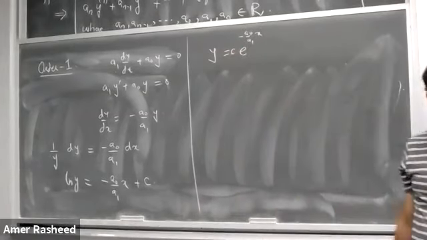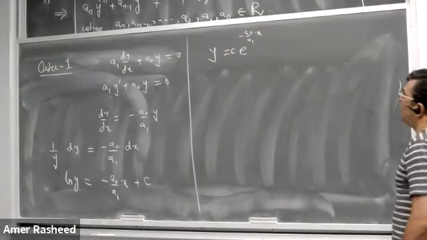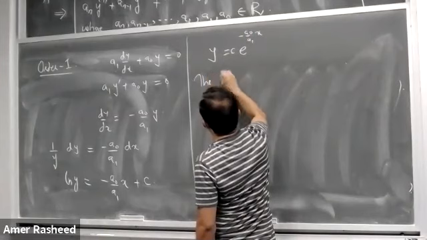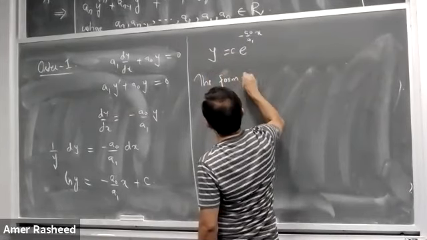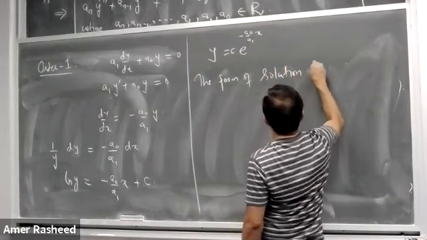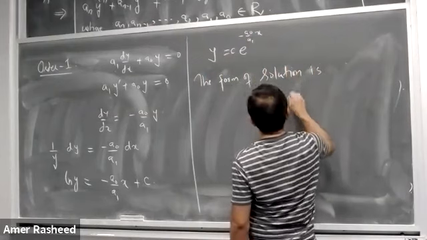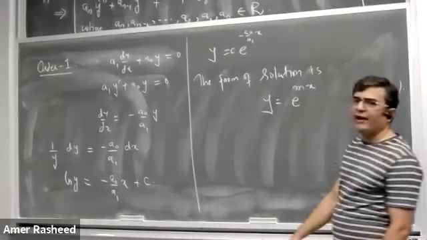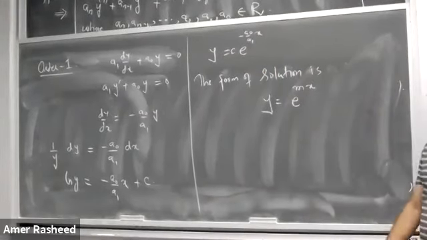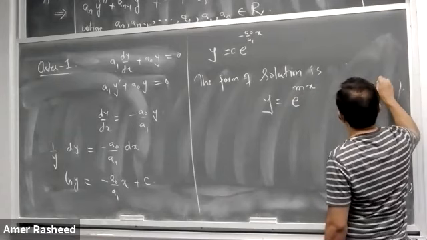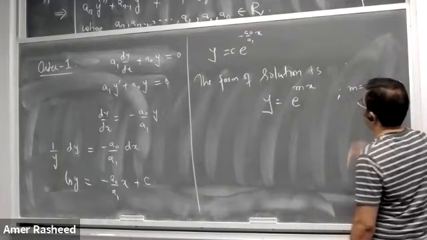as we do when solving first order differential equations. So the form of the solution is y equal to e^{mx}, where m is negative a_0 over a_1.